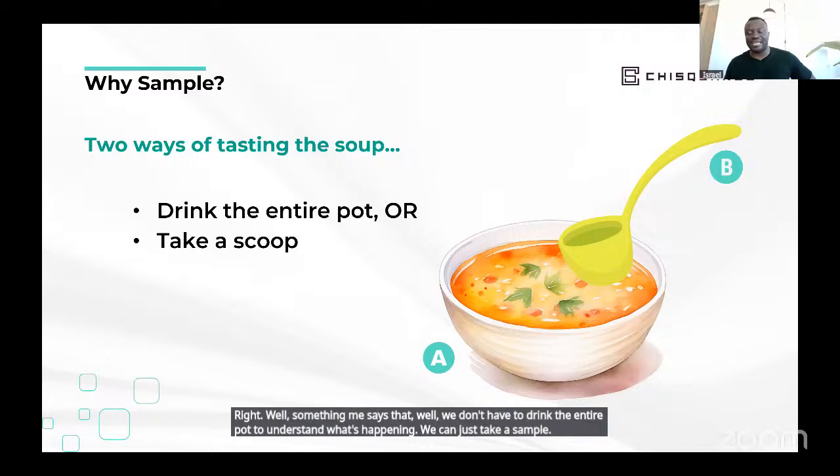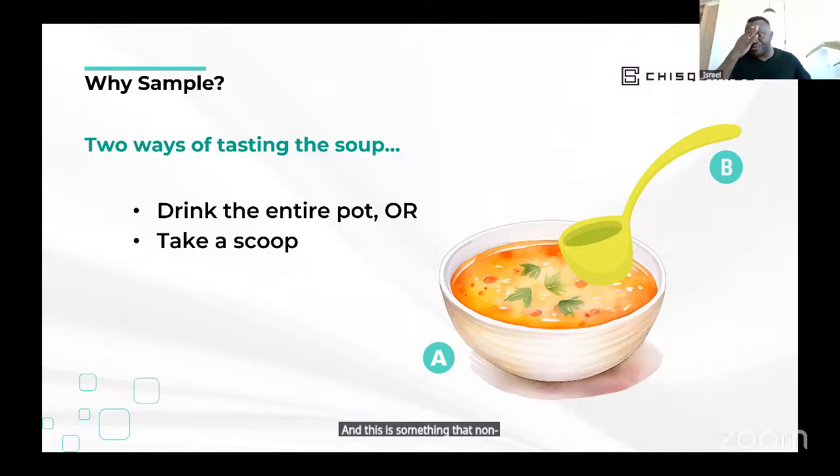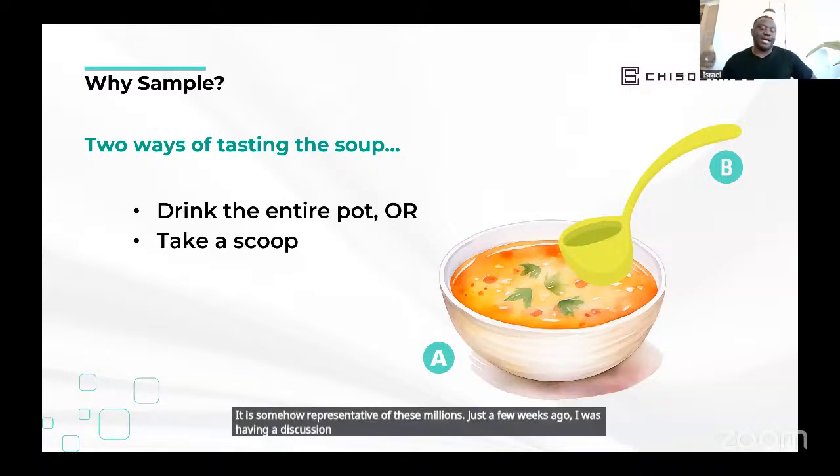And this is something that non-scientists sometimes struggle with a lot to comprehend. The idea that somehow, even if we took a small sample, it is representative of these millions. Just a few weeks ago, I was having a discussion with one of the top leaders at Airbnb, and they obviously have to take samples. They have a strong quality assurance program, and so they get signals and then they investigate those signals.